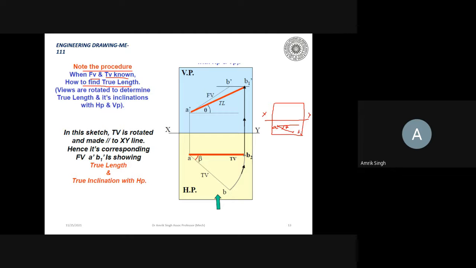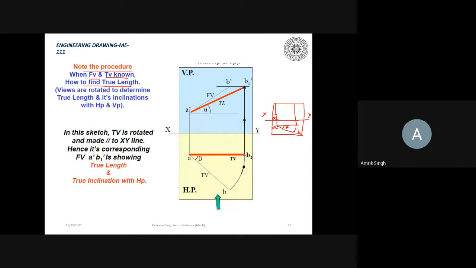Clear or not? उसके बाद you draw this with a compass. So it will cut here. From here you draw the projectors, that is perpendicular lines. So you have drawn this. So here the point A, इसकी position दी रहेगी. ठीक है?